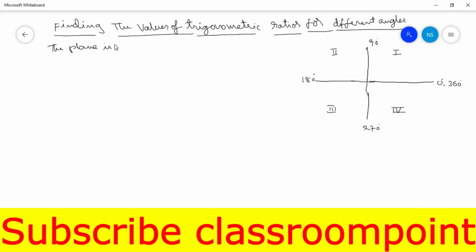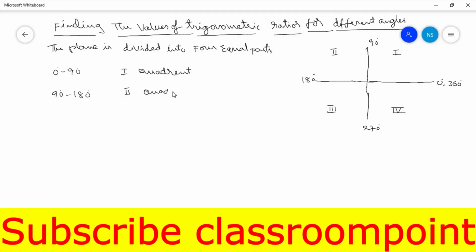The plane is divided into 4 equal parts. 0 to 90 degrees is first quadrant. 90 to 180 degrees is second quadrant. 180 degrees to 270 degrees is third quadrant. 270 degrees to 360 degrees is fourth quadrant.